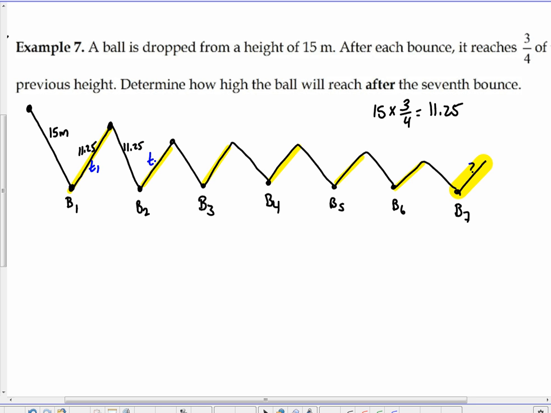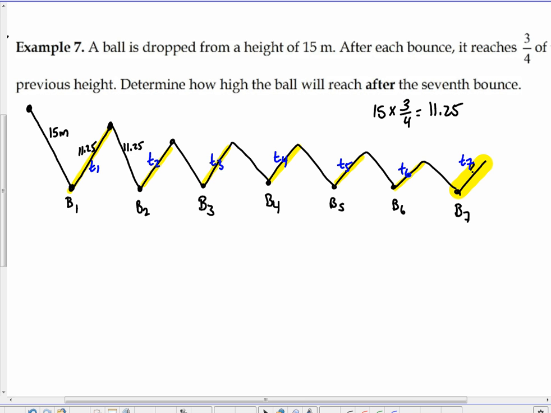This will be term 2, term 3, 4, 5, 6. So we're looking for term 7. And that's if we make 11.25 our first term, because that's the one I'm looking for after the 7th bounce. Right? So this is the height it goes up after it bounces the 7th time. And that's what we're looking for.